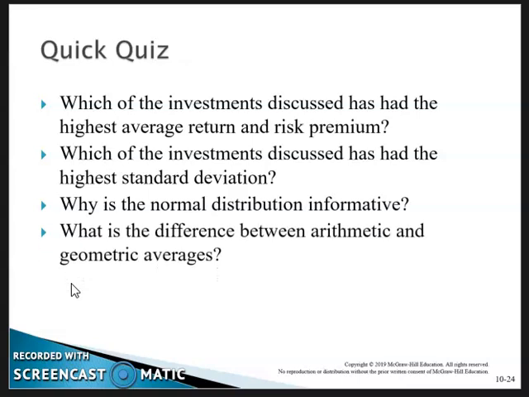What is the difference between arithmetic and geometric averages? The arithmetic average is where you sum up the observations and divide by the number of observations. The geometric average is where we multiply 1 plus each of the returns by each other, and then take the root.